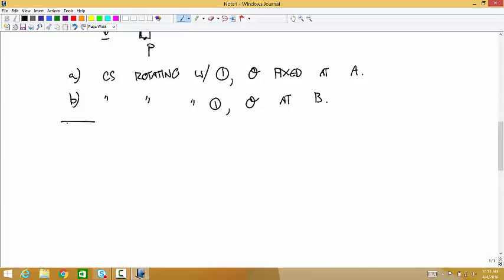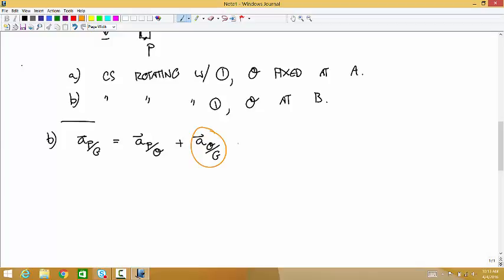Okay, so the acceleration of P relative to the ground is equal to the acceleration of P relative to the origin plus the acceleration of the origin relative to the ground. Let's do this one first.